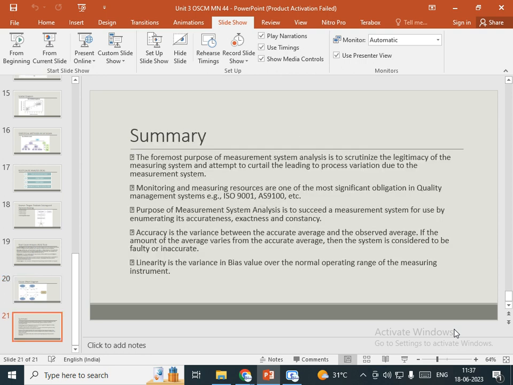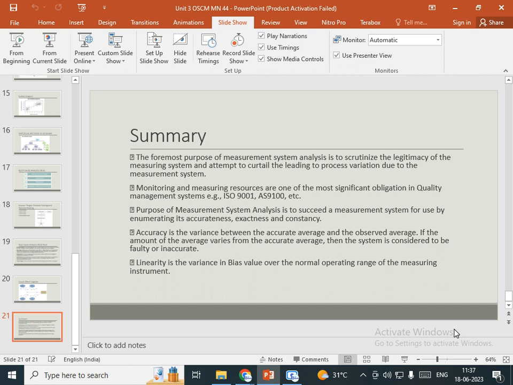Now this is a very small unit, so we are moving towards the summary. So very small things we have learned. The foremost purpose of measurement system analysis is to scrutinize the accuracy of the measuring system and attempt to curtail the process variation due to the measurement system.